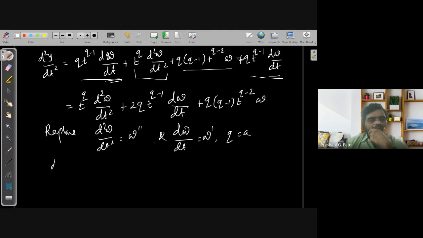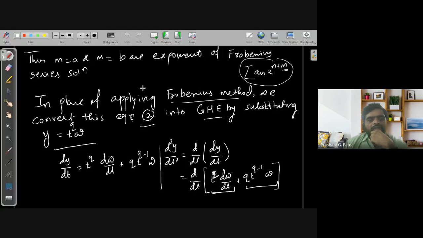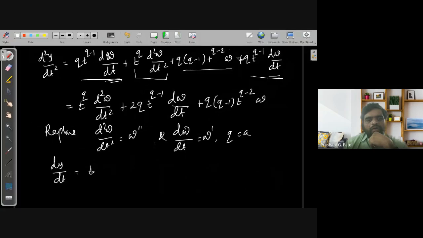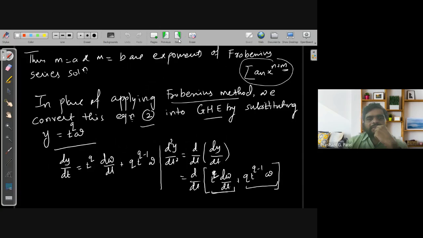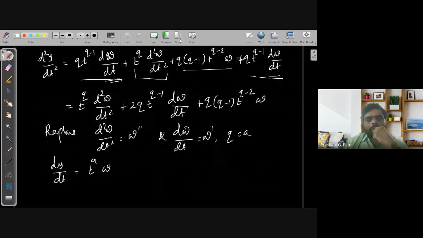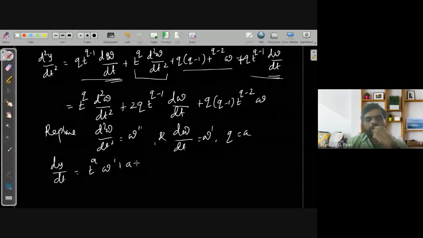Then we will have dy by dt. Dy by dt is this, so that is t power a w dash plus a into t power a minus 1 w. This is the first thing we got.